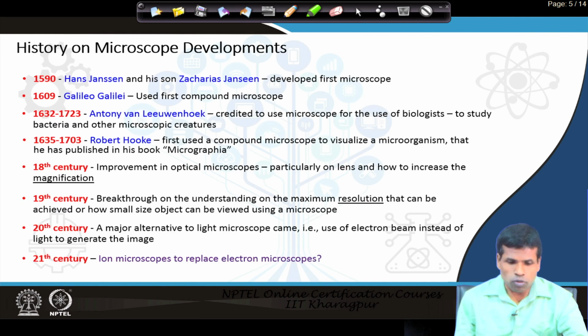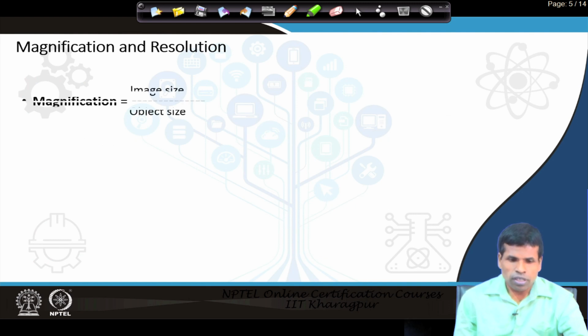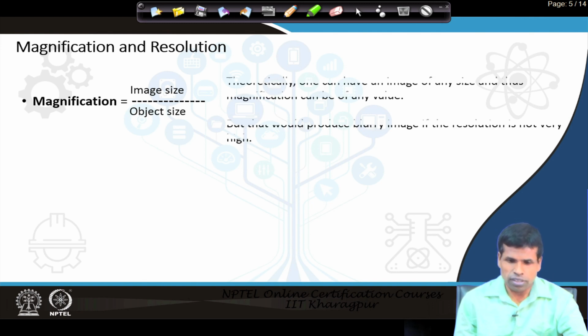In these slides, what you have seen, there are two important words: magnification and resolution. So, let us try to understand what is magnification and what is resolution. Magnification is nothing but the ratio of image size to the object size.